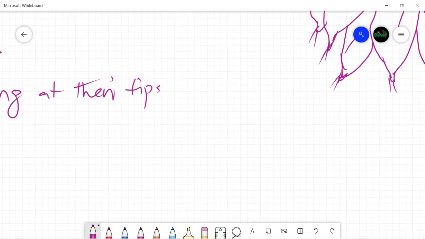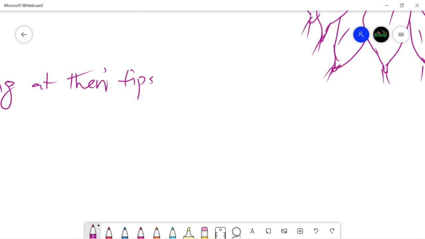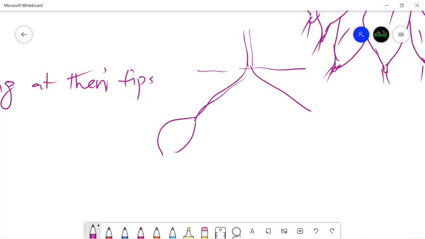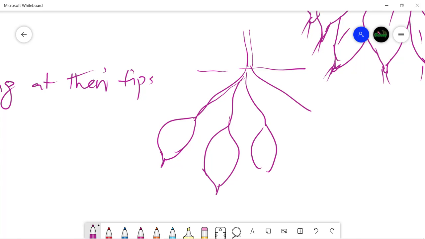So this is the reason for naming them Nodulose. So these are a bunch of roots, and then their tip is quite swollen. So this is the situation. And these are Nodulose roots with swollen tips.